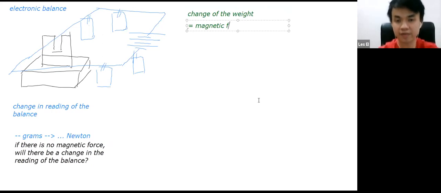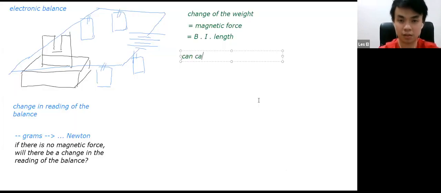And you can equate it with the formula B times I times L. So you will be able to calculate the B.